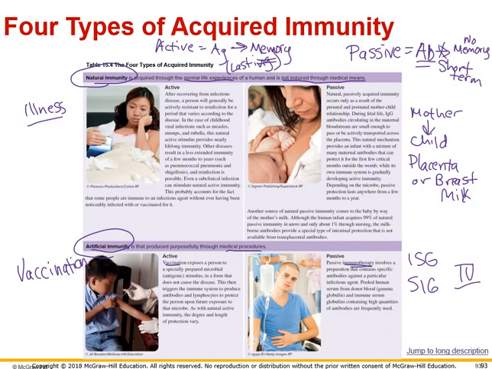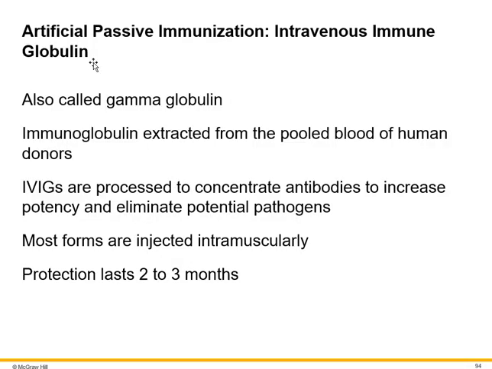So let's talk about these 2 in particular. I think it's pretty obvious what illness is, and passive immunity from mother to child, those are fairly self-explanatory. So let's talk about artificial passive and artificial active. Artificial passive immunization is an intravenous immune globulin.